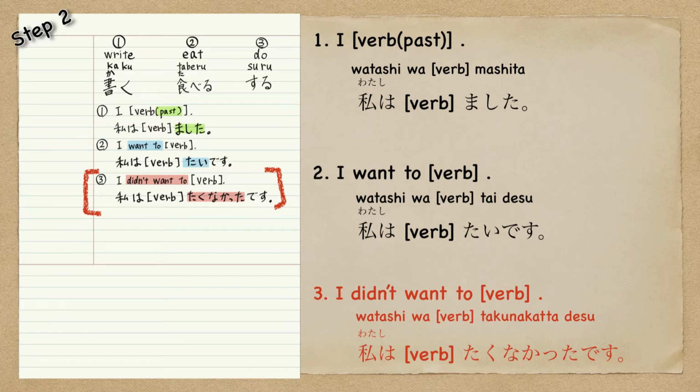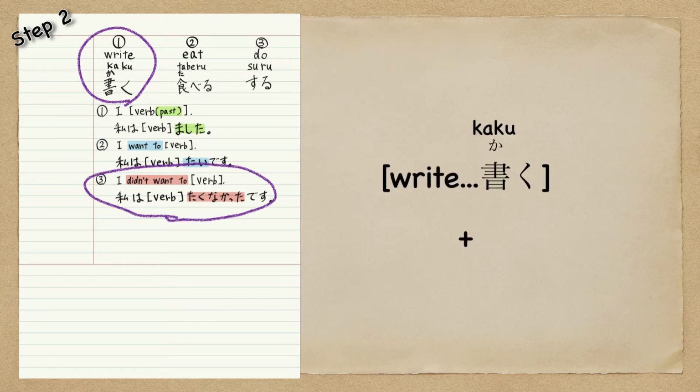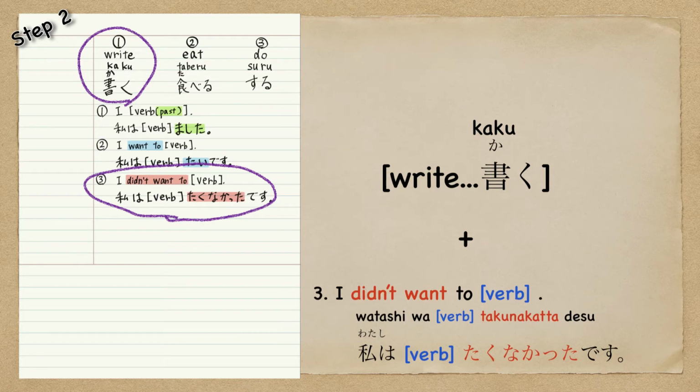Step 2. Practice combining verbs and phrases like a puzzle. And now, you don't have to make masu form, because this is just a practice to memorize these phrases. Okay, example. Write. I didn't want to verb. 書く. 私は verb たくなかったです.